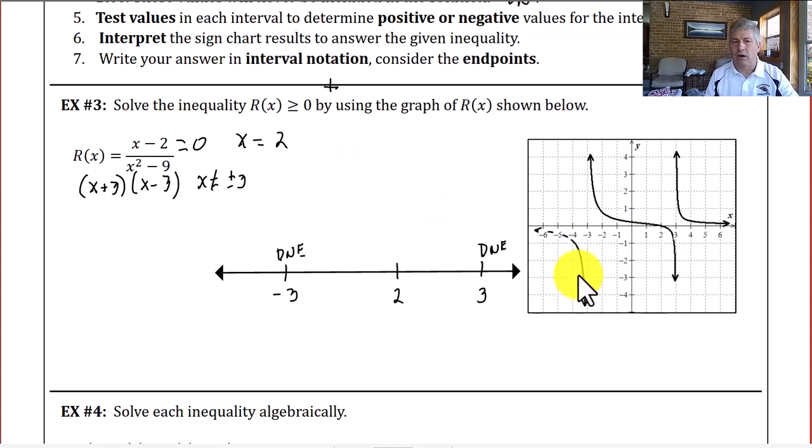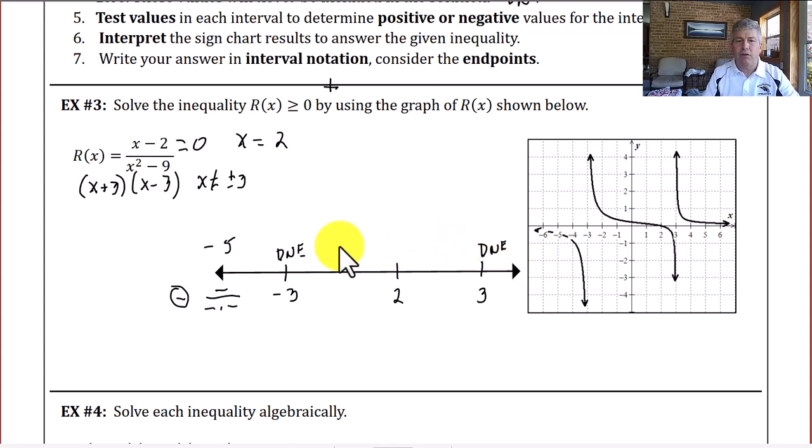Certainly we can look at our graph and see what's going on, but if we test a value like negative 5, we end up with a negative in the numerator and a negative times a negative in the denominator, which gives us a negative over a positive. So overall that's negative, and that corresponds to what we have in our graph.